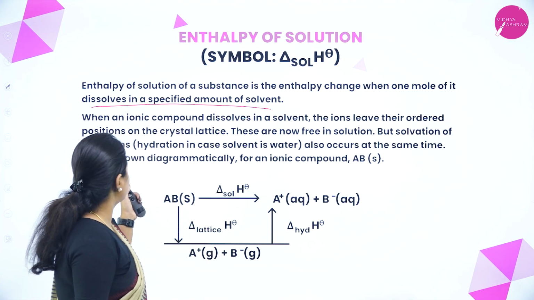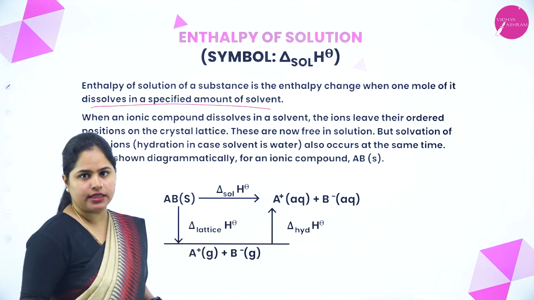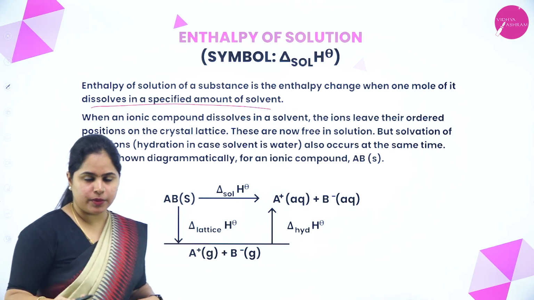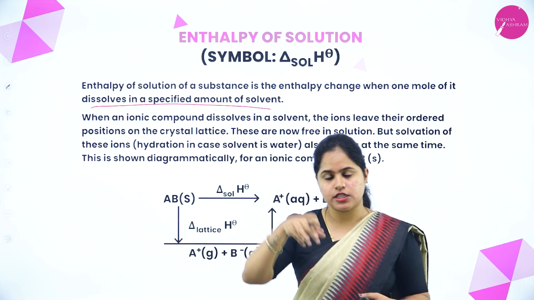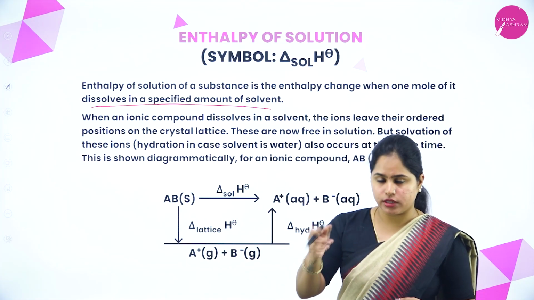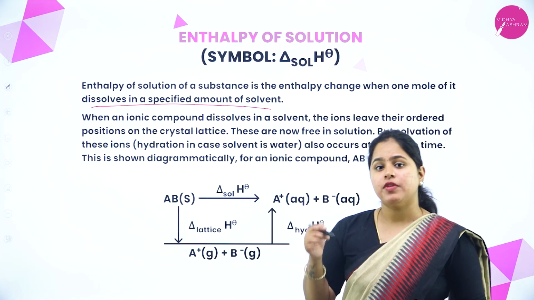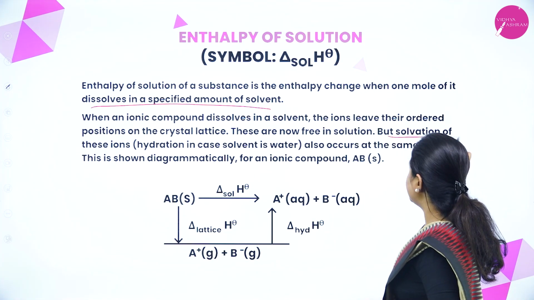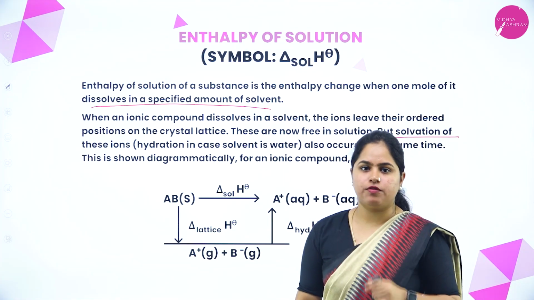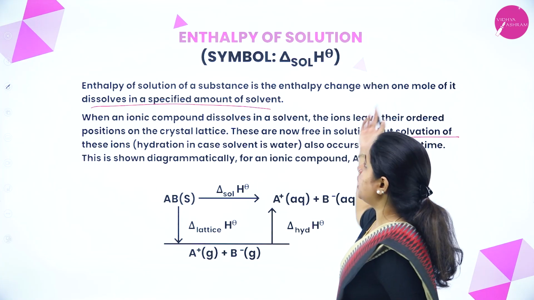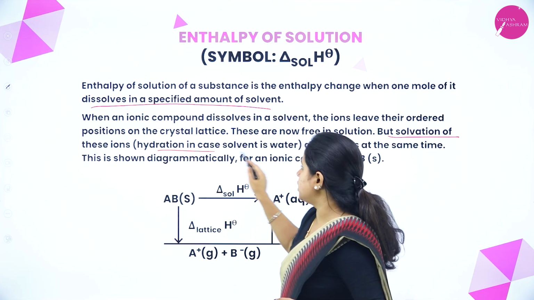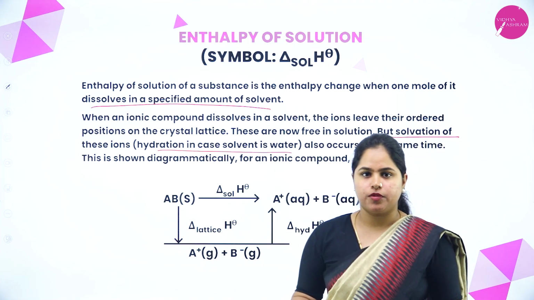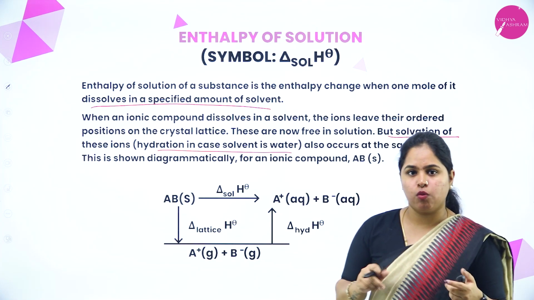But solvation of these ions also occurs at the same time. That means the enthalpy of hydration, hydration meaning when we are dissolving it in the solvent, as well as the enthalpy related to solvation, we have to consider to calculate the enthalpy of solution. Solvation means hydration if the solvent is water.